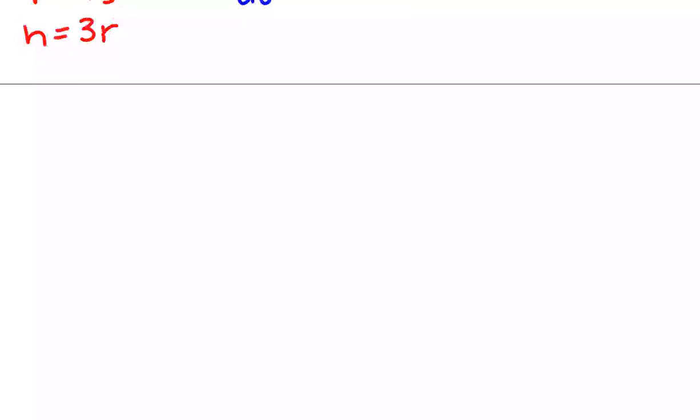The formula for the volume of a cone is V equals 1/3 pi R squared times H. Now this right here, the R squared times H, is why we have to worry about getting rid of the R's or the H's. If we keep R and H in there, you're going to have to do a product rule, and I don't want to do a product rule.